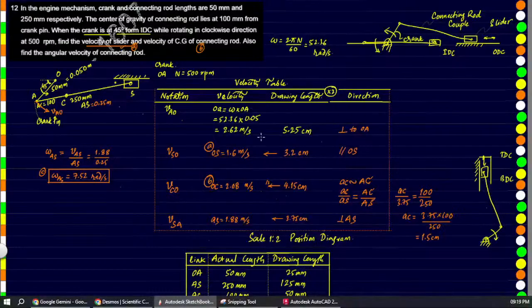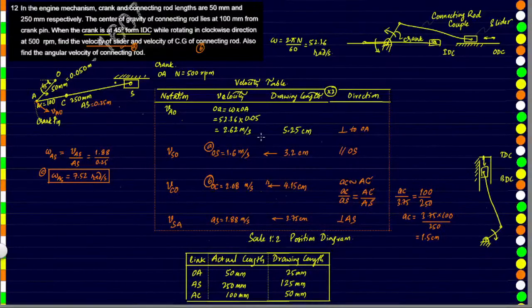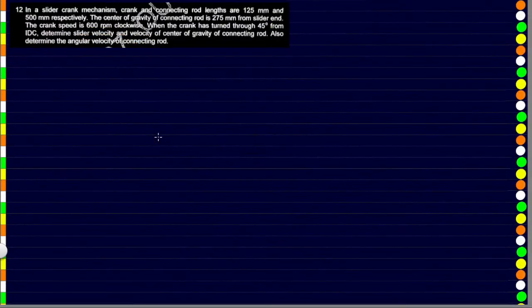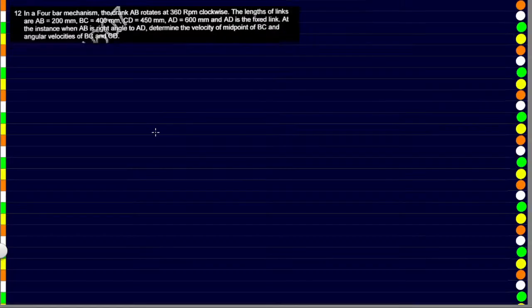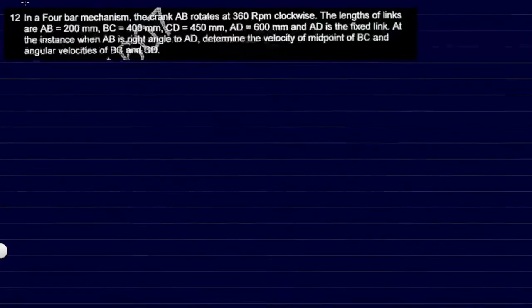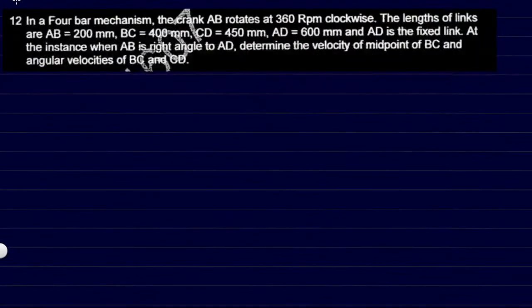So the easy problem having been done, let's go and solve a problem of 4-bar mechanism next. Here we have a slightly simpler problem on 4-bar mechanism. Let's solve this one. Let's quickly write down the given data.